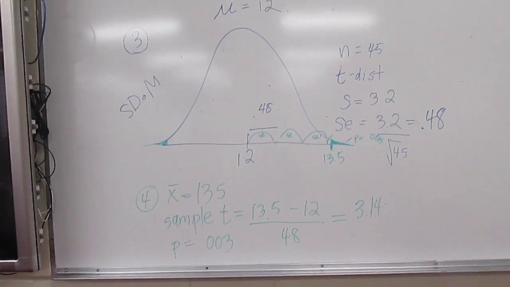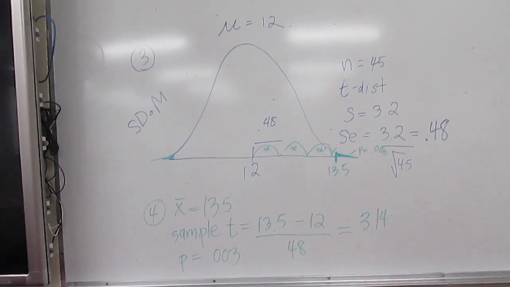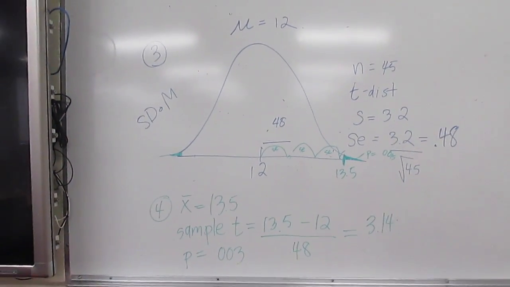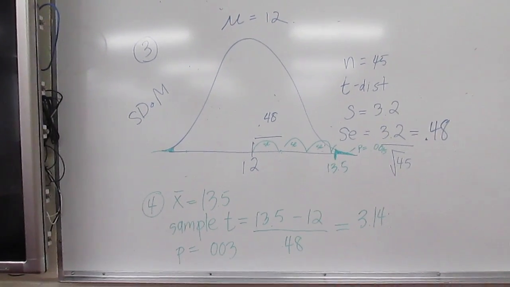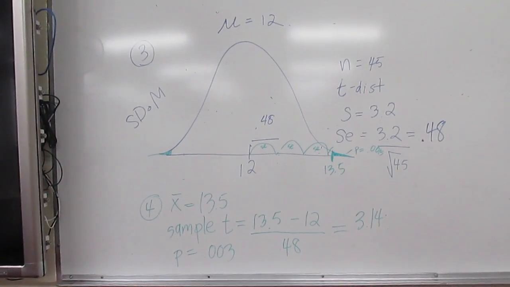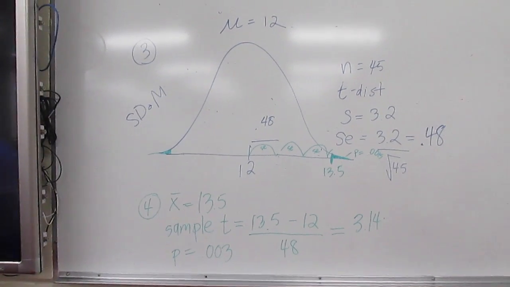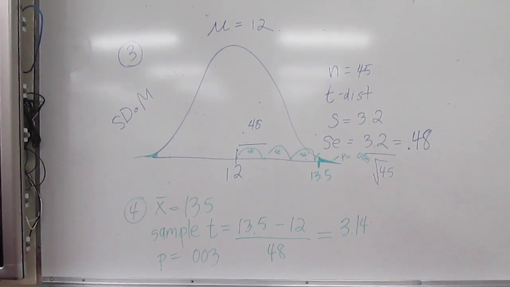So let's interpret that p-value. That means that the probability that this sample, or a more extreme sample, like way higher or way lower, the probability of that kind of sample being drawn by chance is 0.003, right? So that's less than 1%. In fact, it's just 0.3%.